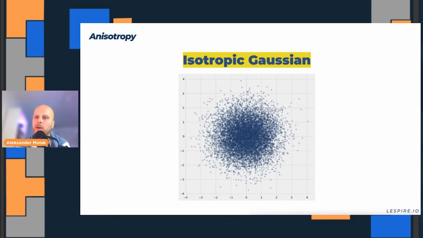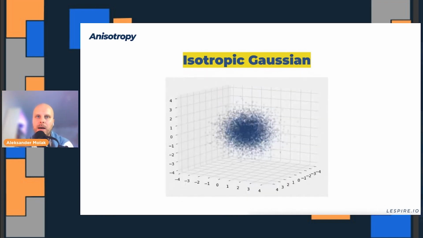So here we will limit ourselves. We'll limit the definition of isotropy to a spherical Gaussian, although this is not entirely true. We can see that here we have two variables, x and y, and the spread for x and y is the same in every direction, in a sense. If we map it to 3 dimensions, we have a sphere.